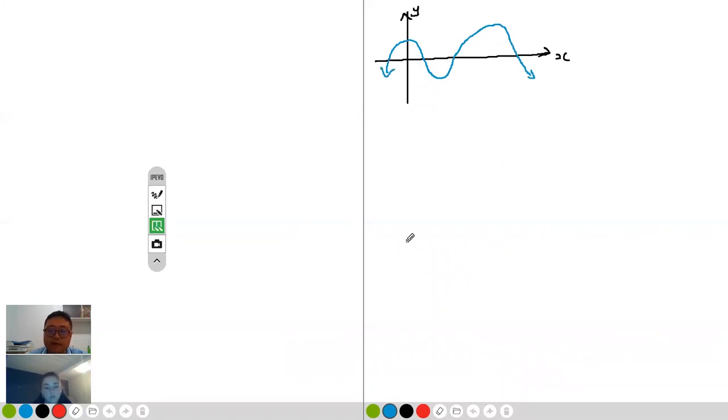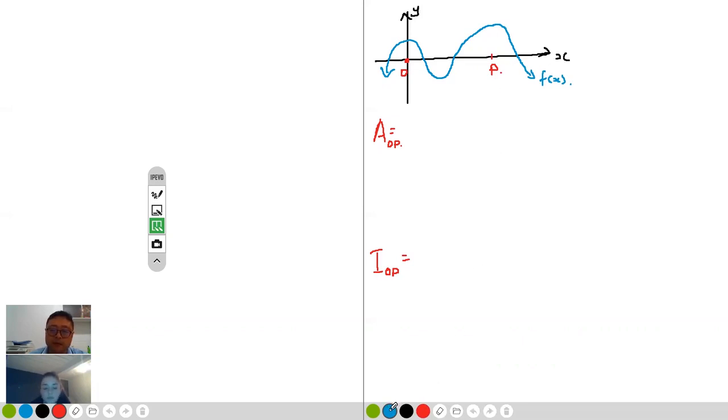The question says, from zero to P, you've got to work out the area from 0 to P. Or the question says, work out the integral from 0 to P. And the curve itself is just f of x. Got it? Let's start with the integral first.